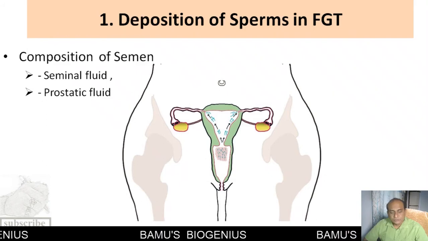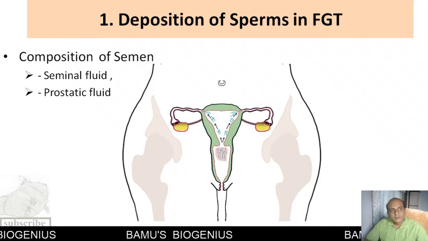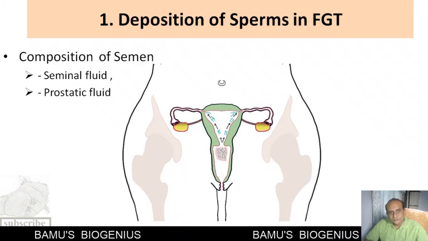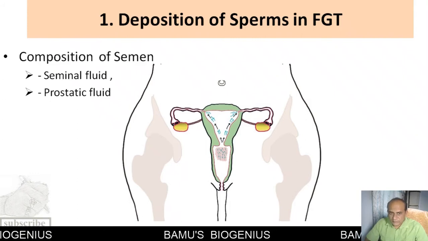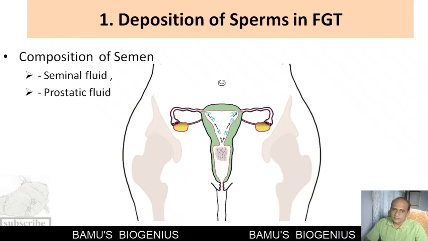Many people also suffer from prostate cancer, which is cancer of this gland. Then the last one is the bulbourethral gland. This gland produces a bulbourethral fluid that amounts to 5% of the semen. This fluid contains mucoproteins, which are a very important ingredient of the semen.